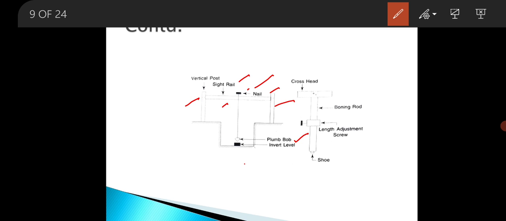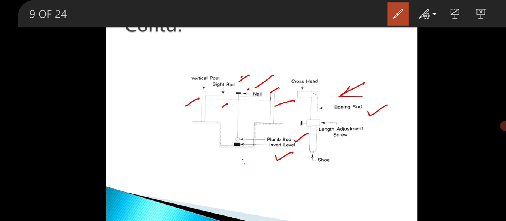The distance between the upper edge of the side rail and the invert level is determined. This is the invert level, or the bottom level of the sewer, and this one is the side rail. This distance is measured and noted on the side rail for finding the exact invert level with the help of a boning rod. So this one is a boning rod.